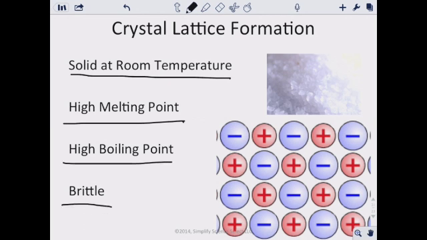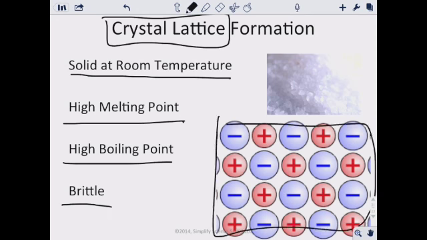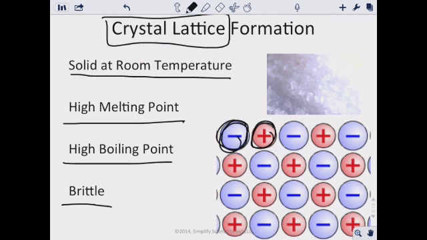Now we can look at this, and this is what is called a crystal lattice formation. You can kind of see the picture down here, and this is what an ionic bond looks like. You have all these positives and all these negatives because it's an attraction between a metal and a non-metal. The metal is more happy being a cation, which is positive, and the non-metal is more happy being negative.